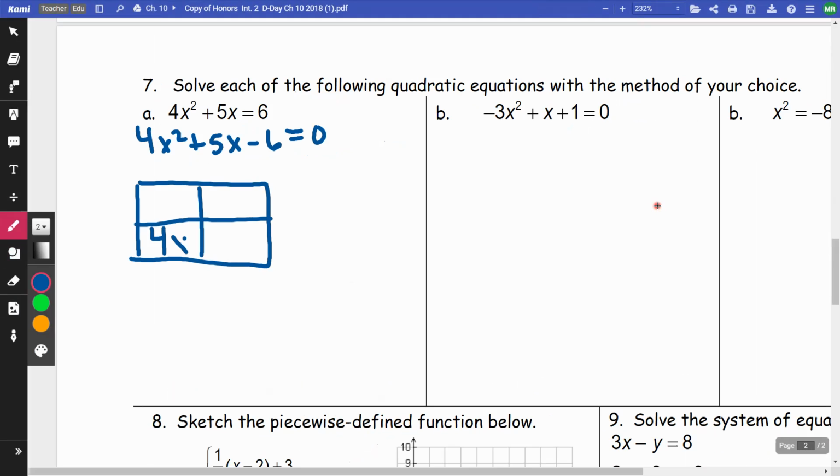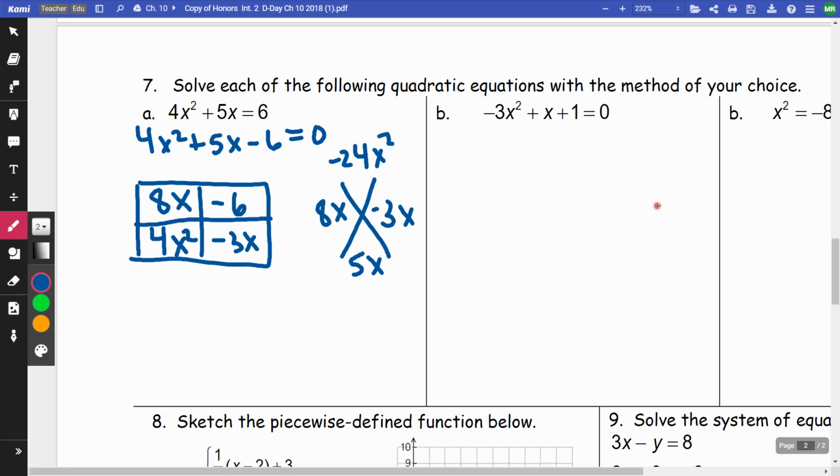So I have my 4x squared here, my -6. That is going to multiply to a -24x squared, and it has to add to our 5x. So that's going to be an 8x and a -3x. So one of these is 8x, the other one is -3x. And then this is going to be a 4x and an x minus 3. And then this is going to be plus 2.